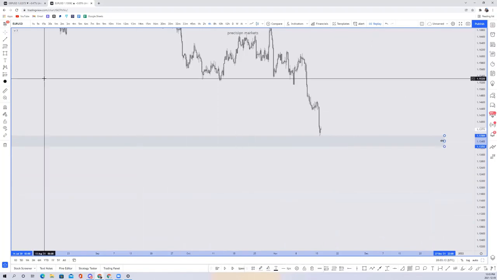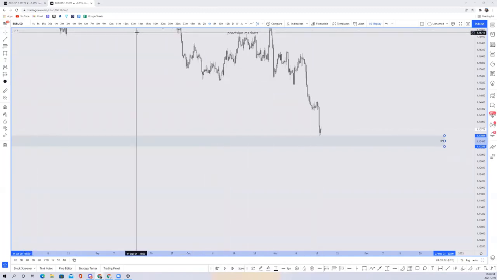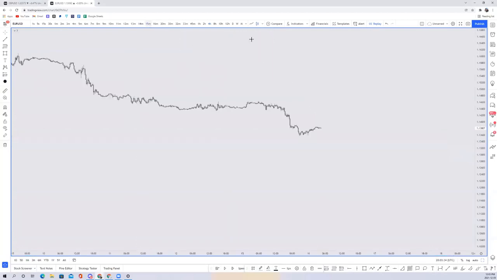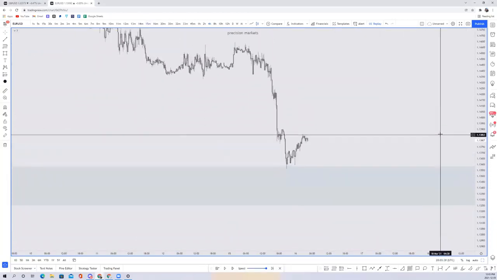Just for the sake of the different time zones people are in, I figure we'll keep doing one London session and one New York session. Obviously, London's quite a bit easier to trade, especially for Euro USD. So we'll go down to our analysis time frame, which is 15.